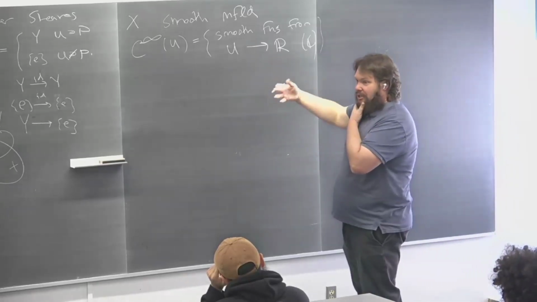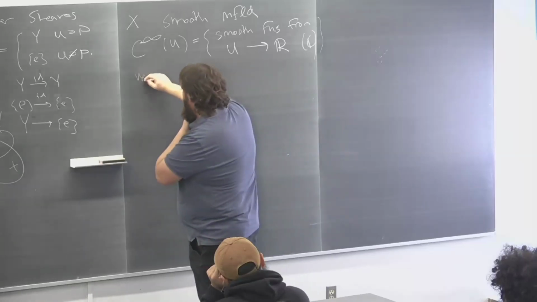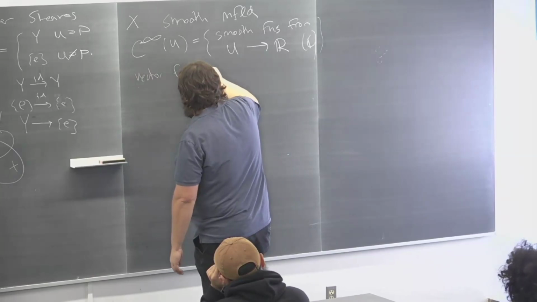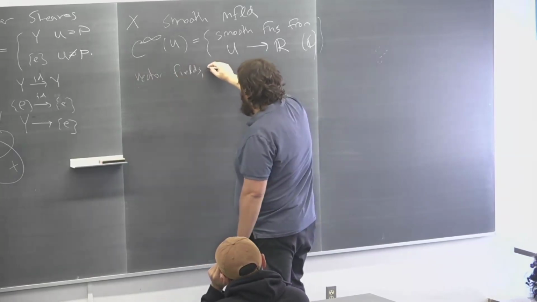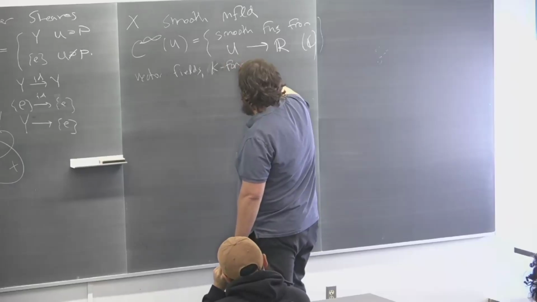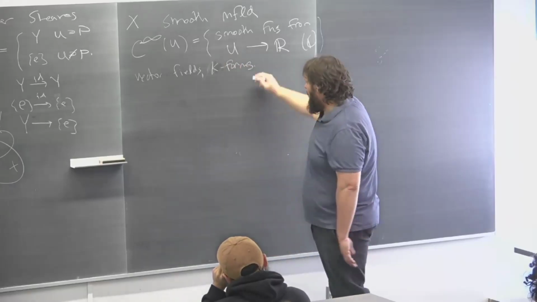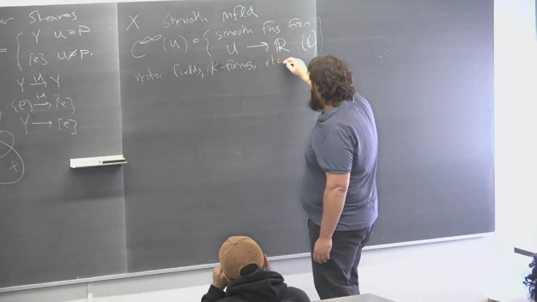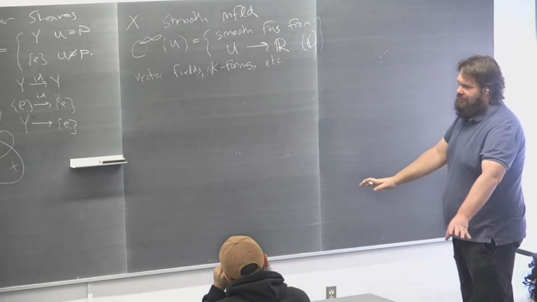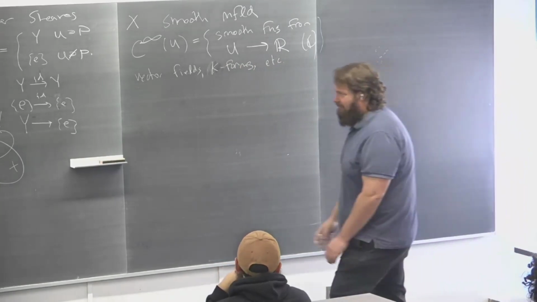Right, and you can also consider in this context, there's a sheaf of vector fields. There's a sheaf of 1 forms, or more generally K forms, etc. So you shouldn't discard a notion because it isn't interesting in the Zariski topology.